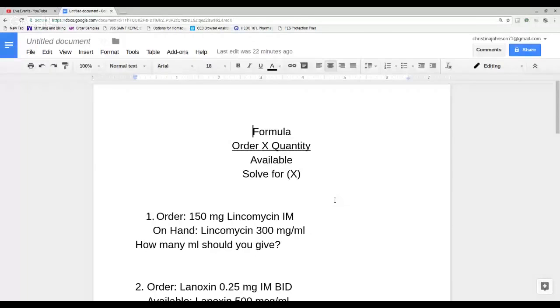All right, you guys. So I'm gonna go ahead and share my screen. All right, so this is the basic formula for dosage calculation. So I just want to go over a couple things here. You guys, let me know if you can see me and the screen or just the screen that I'm sharing, because I can't see if you guys can see me or not.